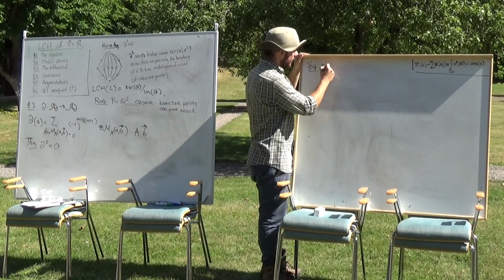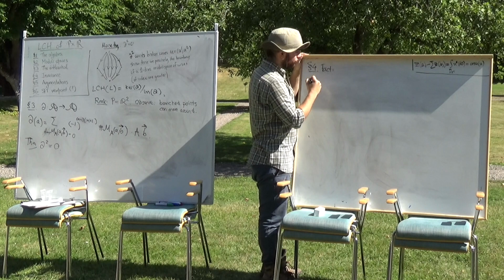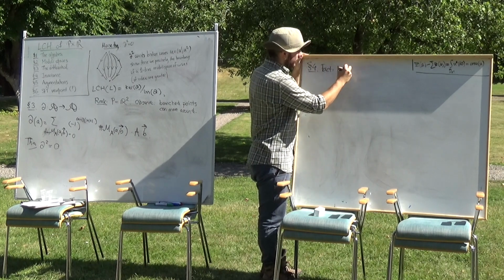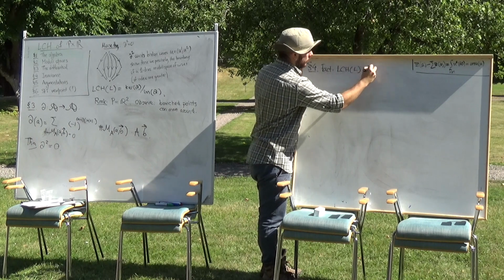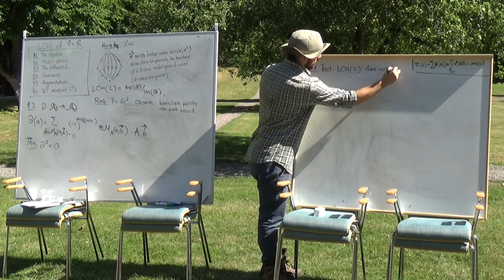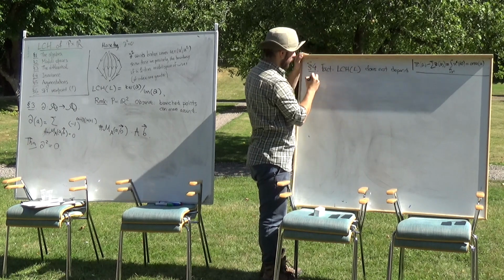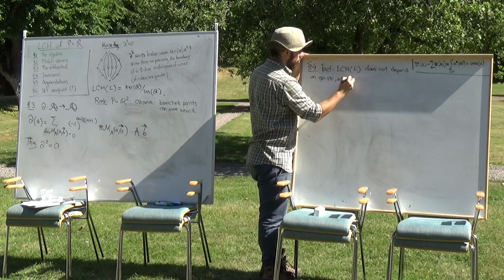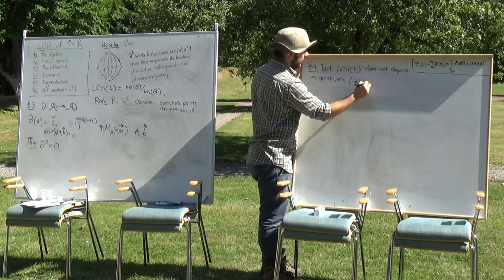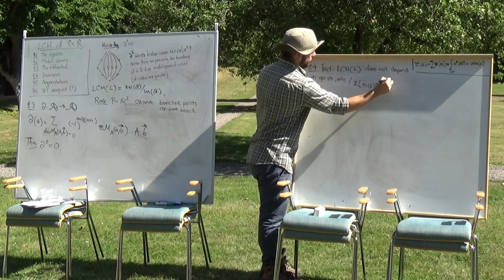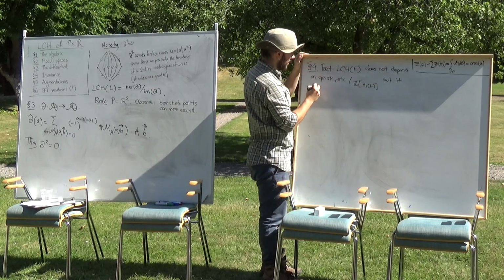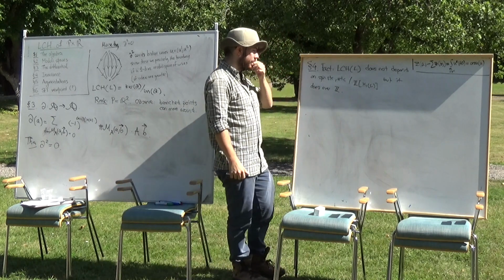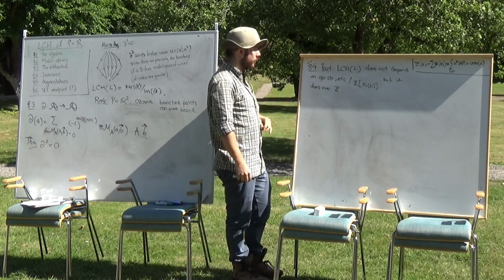Fun fact: LCH of L does not depend on spin structures, etc., over Z mod 2, H1 of L, but it does over Z. It's kind of crazy, but it's interesting, and you can see very simple examples with the unknot of why this is true.